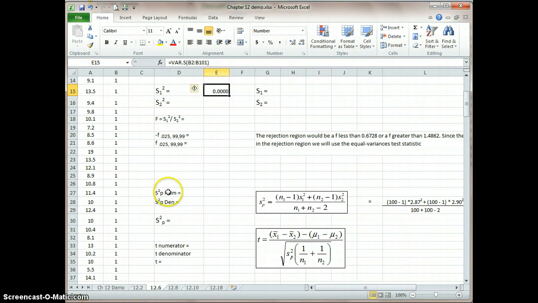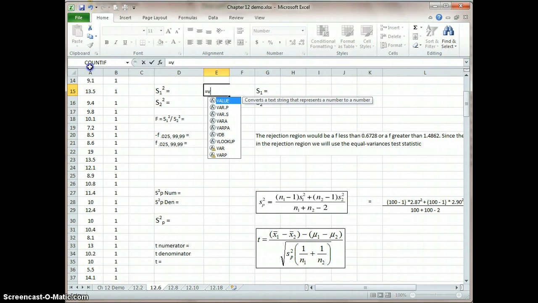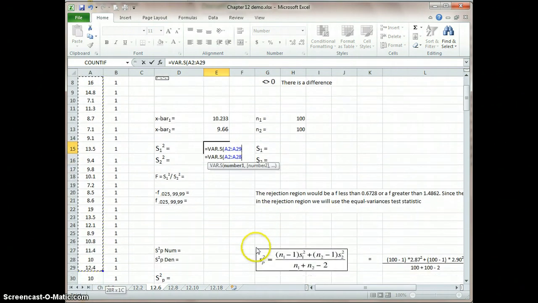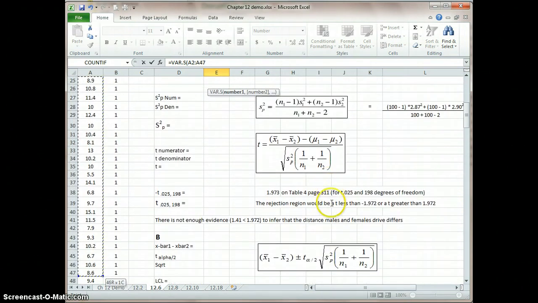The input range is going to be here, A2 to A101. I'll give it an output range in a second. We're going to do a chart output.